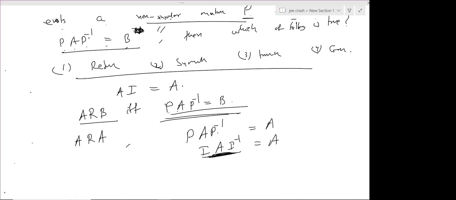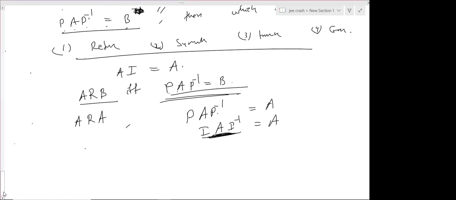All right. What about the rest of you? Aditya? It won't be, sir. Okay, let's see. Symmetricity. We can say that A is related to B. This is the given condition. So I can write P A P inverse equals B.